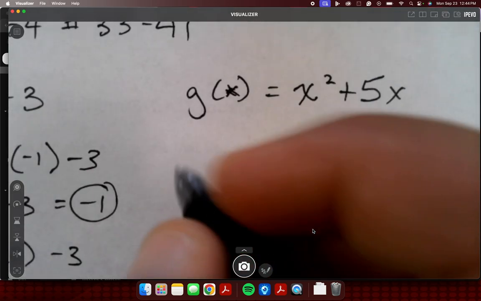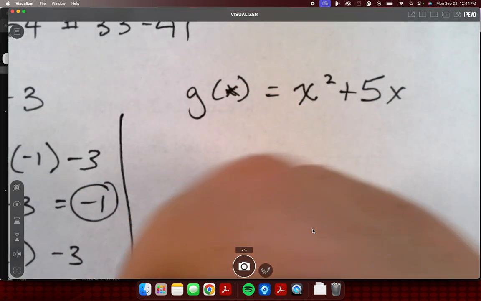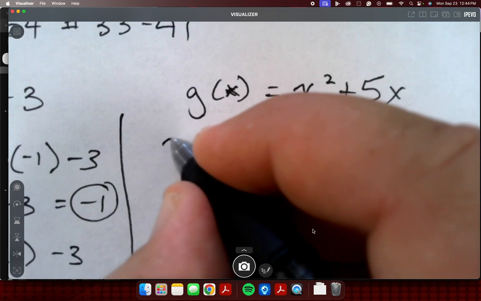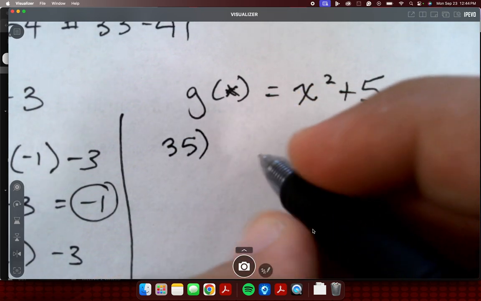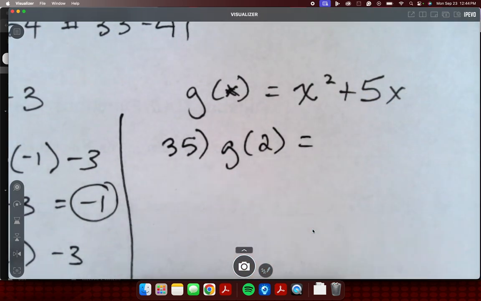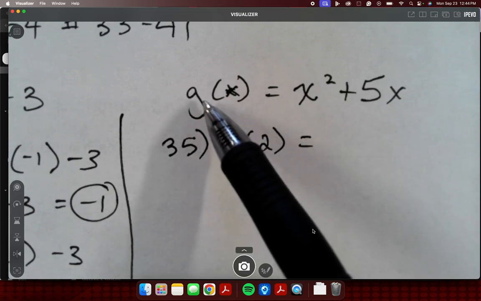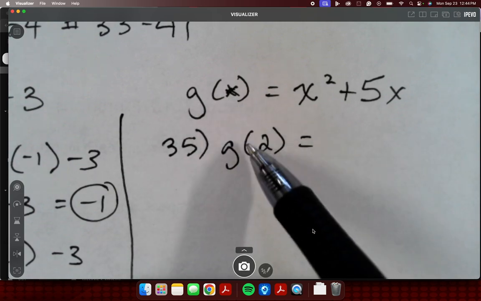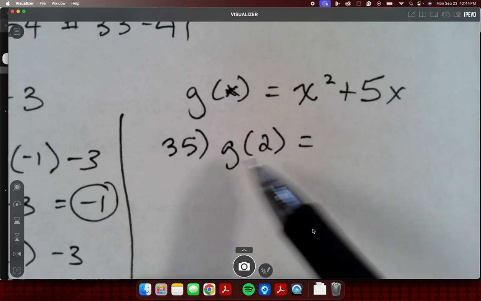Now in 35 they switch gears and they ask us about the function g. So 35 asks us to find what does function g equal when x is equal to 2. So if you look, we did have g of x. Now they've replaced the x with a 2, so they're saying find g of 2.